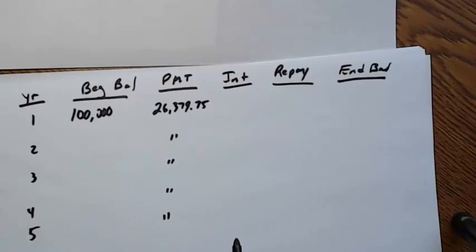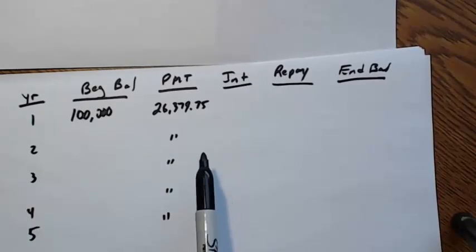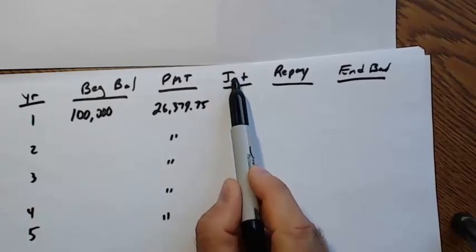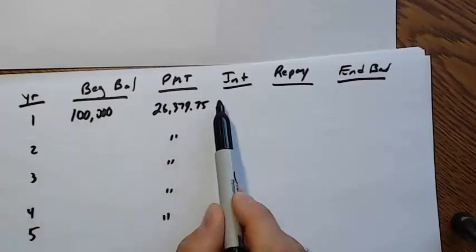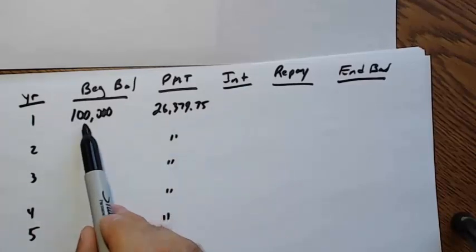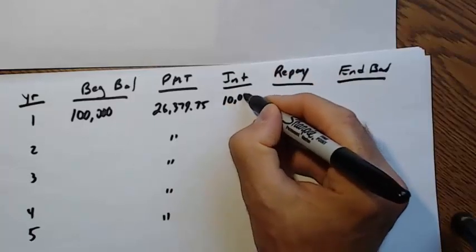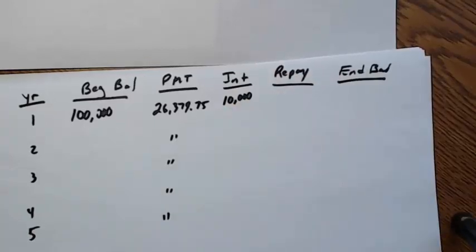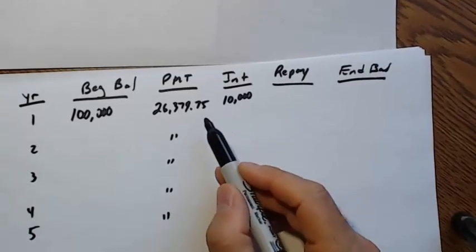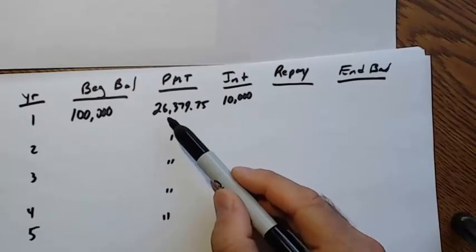That's easy. Now, the interest expense, I told you how to calculate the interest. Take the beginning balance, multiply it by the interest rate. So take $100,000, multiply it by the 10% interest rate, and the interest for the first year is $10,000. Now, this is a very short mortgage. It's only 5 years. So when it's a short mortgage, you're going to have to be paying this principal back pretty quickly.